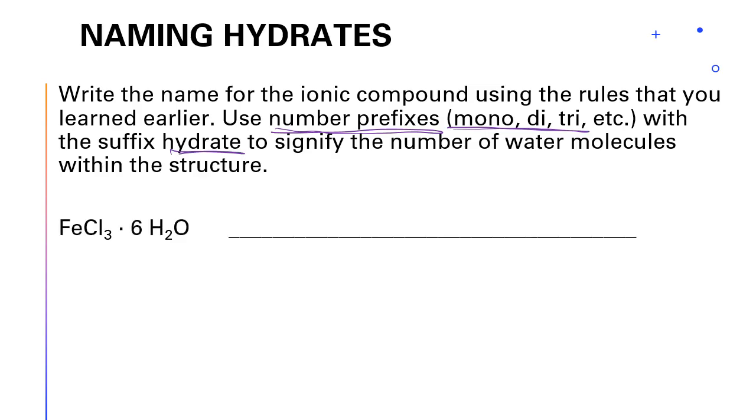So if I was going to name this, the first thing I would name is FeCl3. Fe is iron, Cl is chlor, and we're going to end it with "ide" since it's a single element. Also, iron needs a Roman numeral, so we're going to have to figure out the Roman numeral for iron. And context clues tells me chlorine is -1, and there are 3 of them, which is a total of -3.